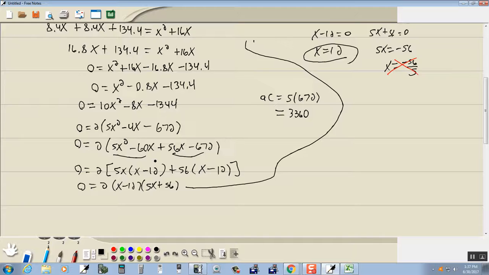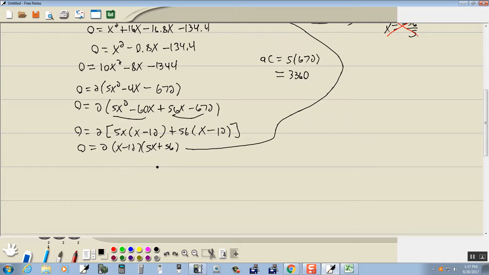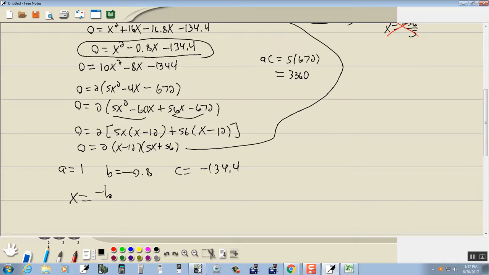Now, I told you that we'd revisit the quadratic formula. That's this right here. With the quadratic formula, you have to identify your a, b, and c. A is whatever's in front of your x squared, which is 1. B is whatever's in front of your x, which is negative 0.8. And c is your number at the end, which is negative 134.4. You plug it into x equals negative b plus or minus the square root of b squared minus 4ac, all over 2a.